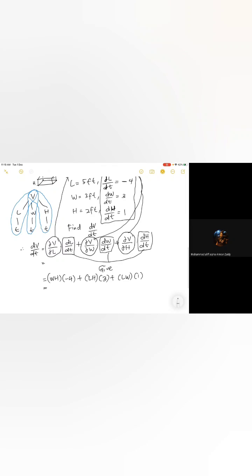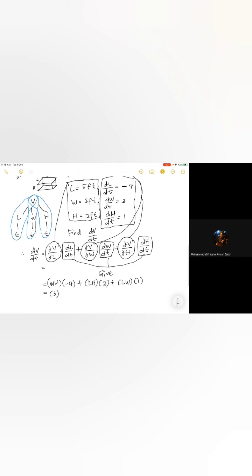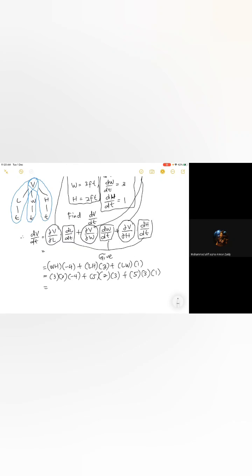Okay, so this W, H, everything, just substitute this value. The W is 3, the H is 2, the L is 5, the H is 2 again. Okay, so you should get the answer.